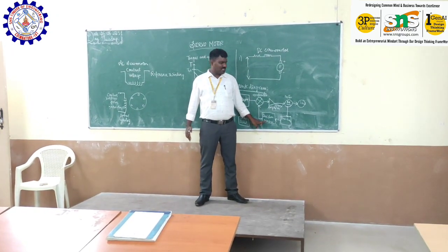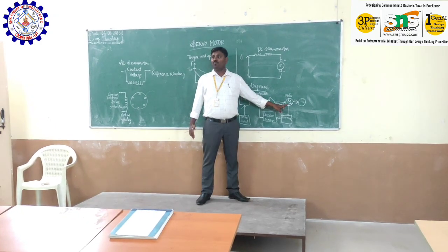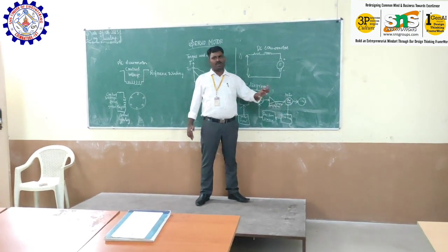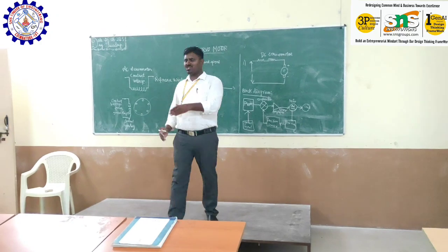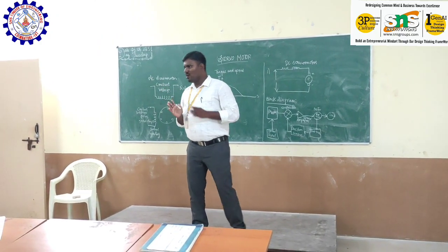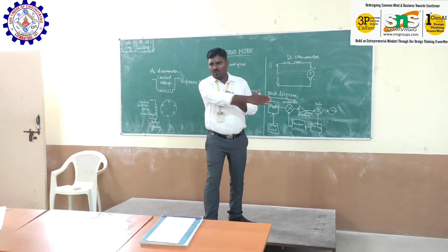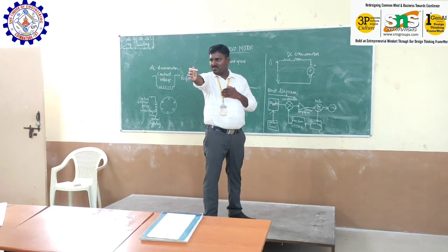The position sensor detects the actual speed and the exact position. Now I am expecting the position to be like this, the speed like this, so the rotor gets rotated. Once rotated, the rotor exactly faces like this.